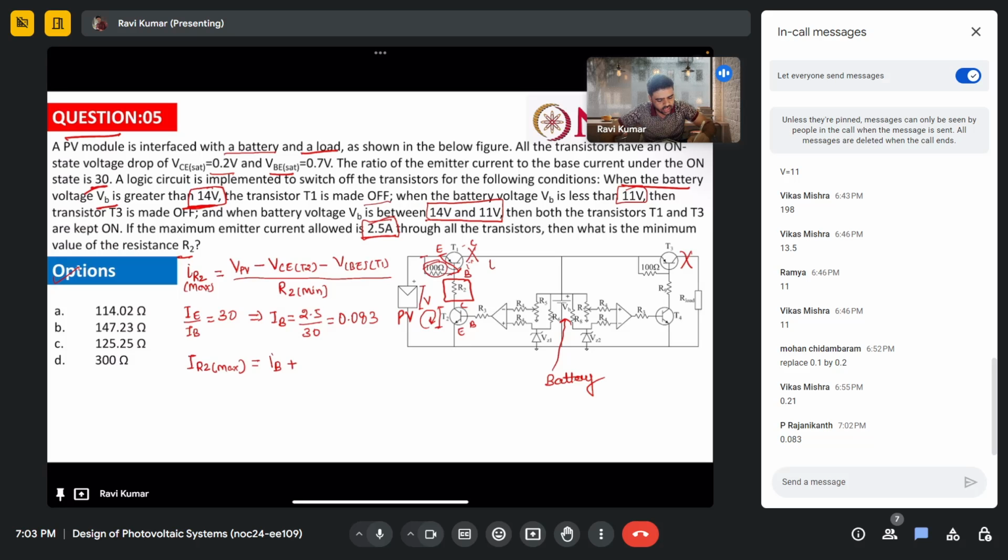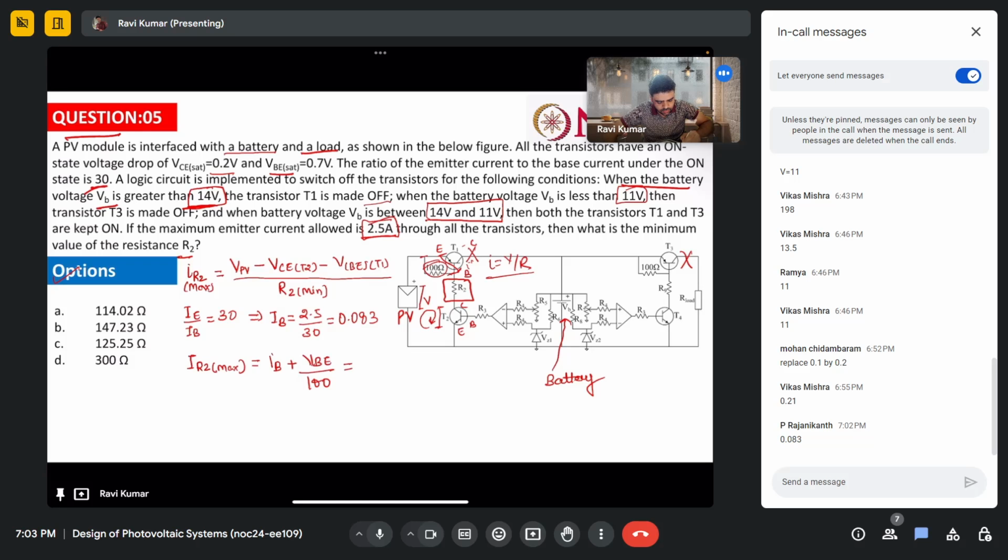So we have I equals V by R, where the voltage is VBE divided by 100. 100 is the resistance.